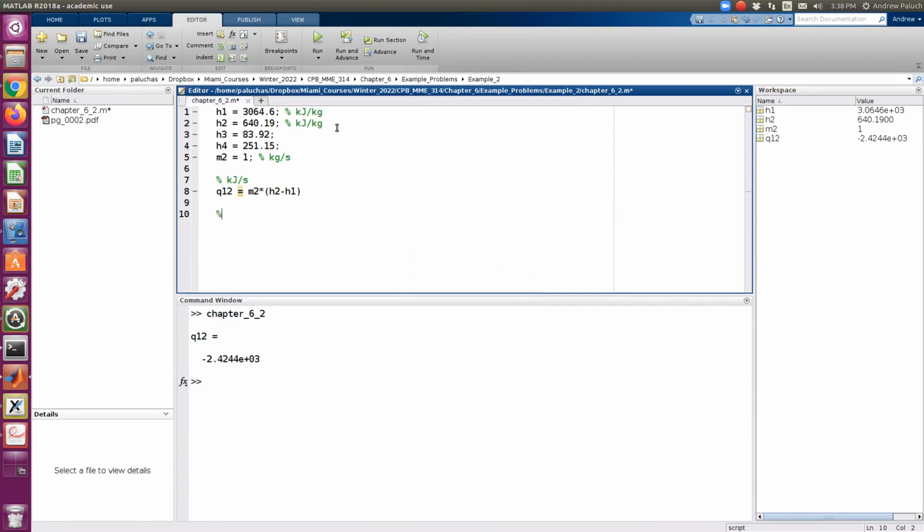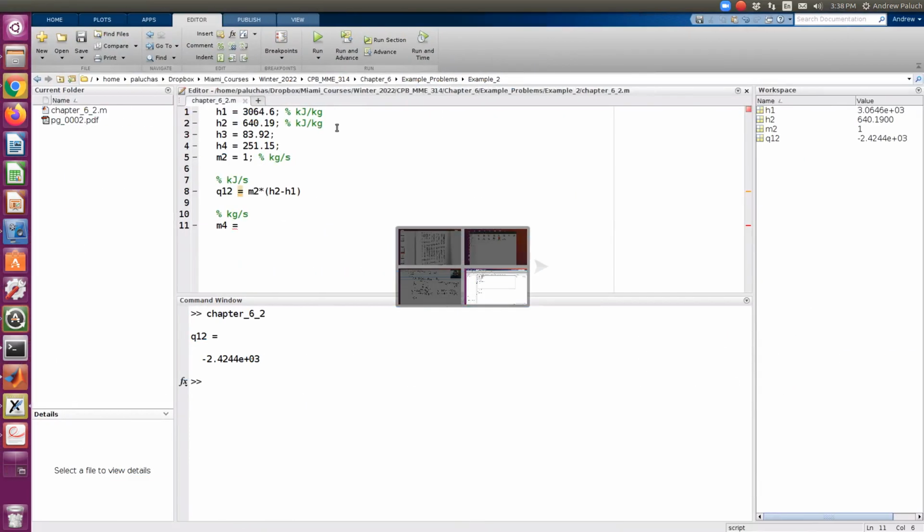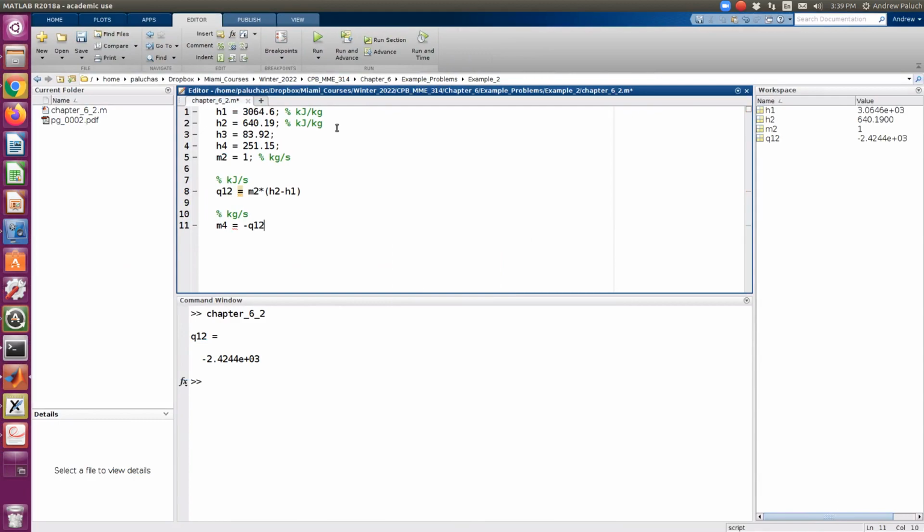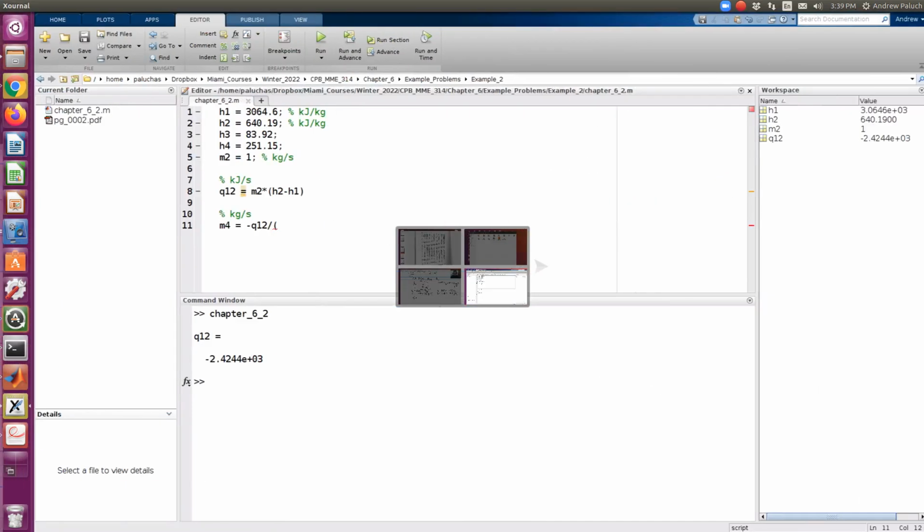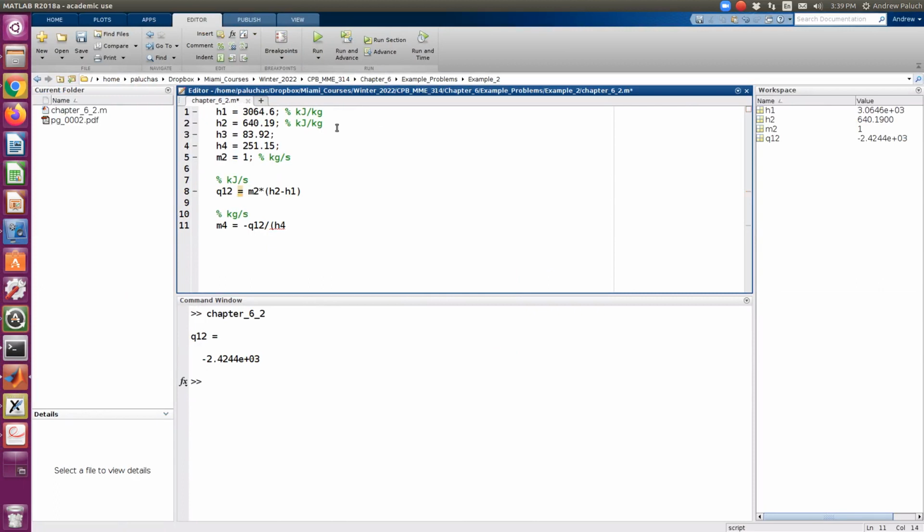So my mass flow rate, which should be in kilograms per second, I'll call it M4, is equal to negative Q12 divided by H4 minus H3. Negative Q makes it positive, and H4 minus H3 is positive. So good, mass will be positive.